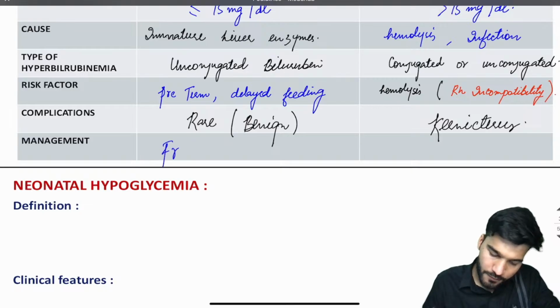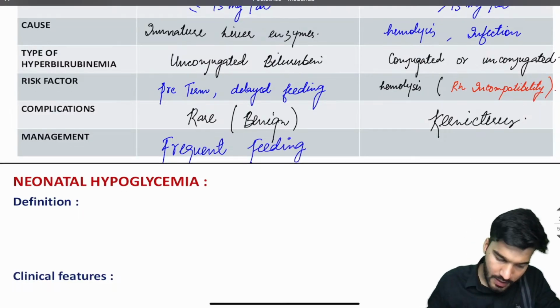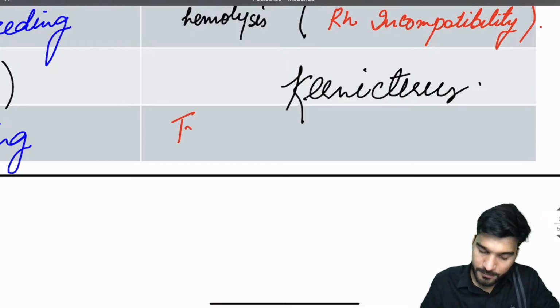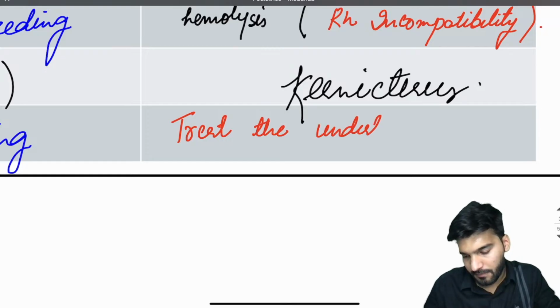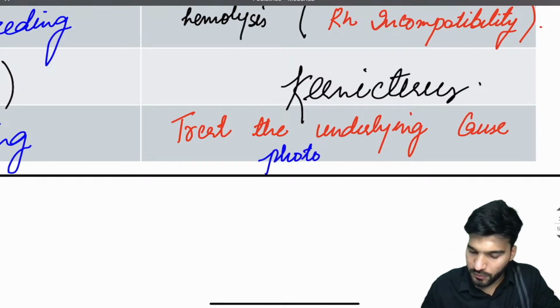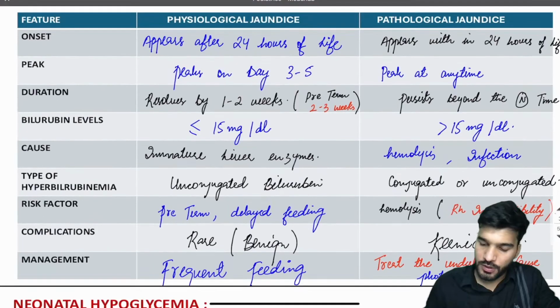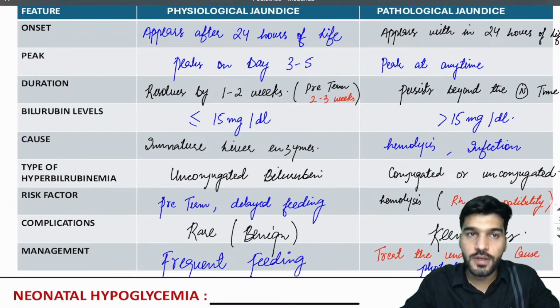In case of a physiological jaundice we should go for frequent feeding, and in pathological jaundice, treat the underlying cause and go for phototherapy. So that is the difference between a physiological jaundice and a pathological jaundice.